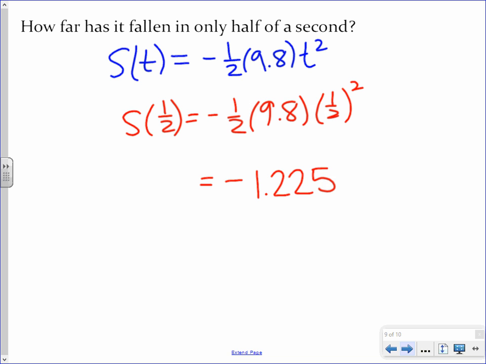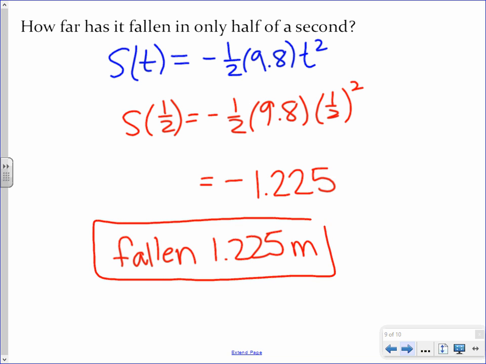So the book has fallen 1.225. What is our label? Meters. Okay. So how far has it fallen in half of a second? We plugged in 1/2.